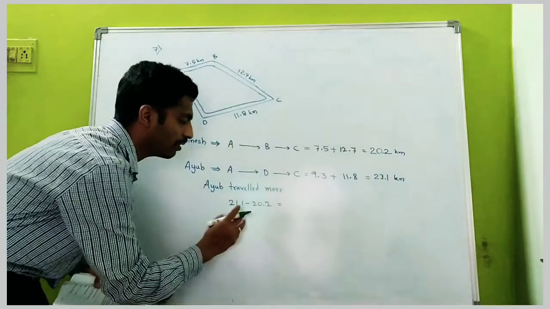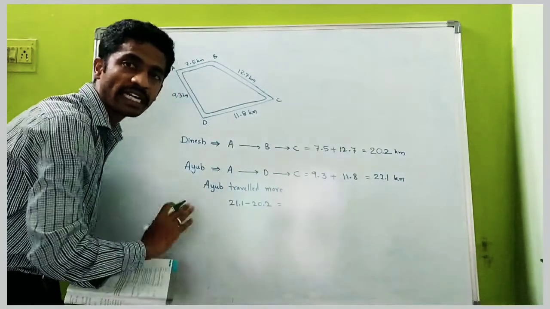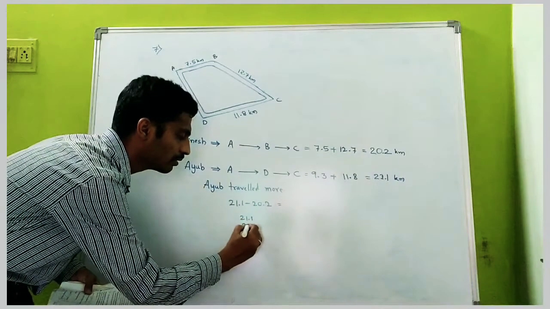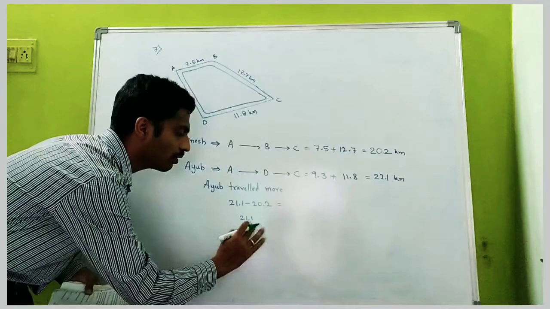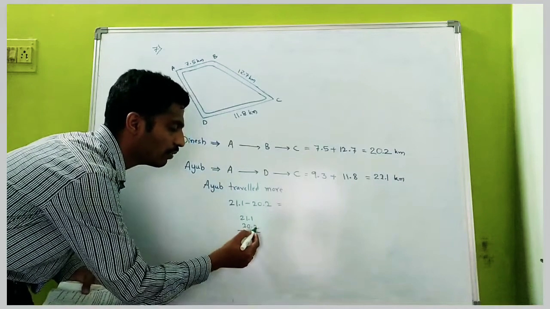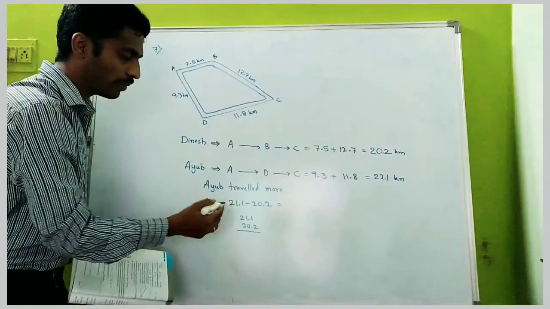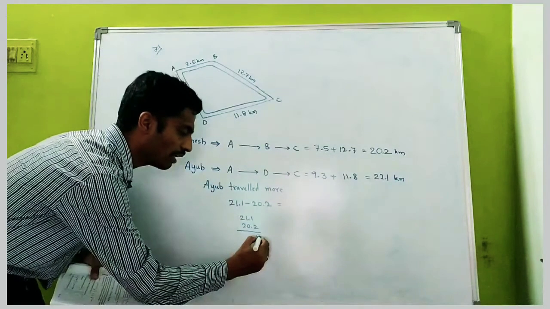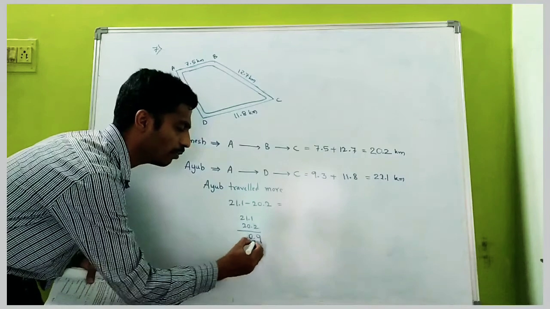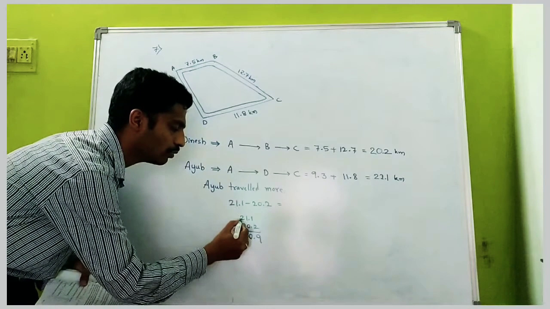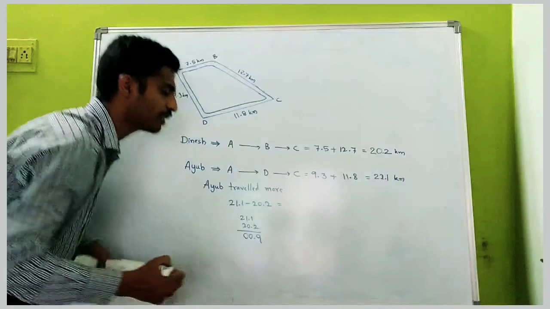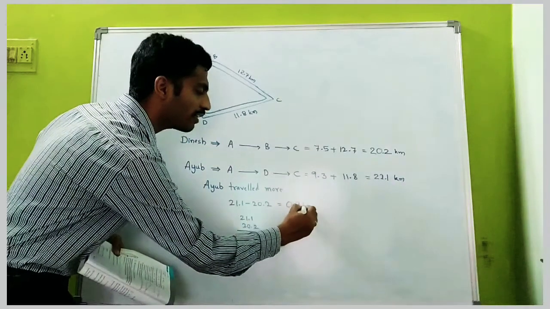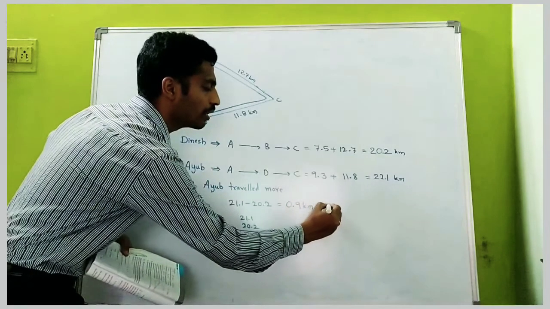If it is possible orally you can subtract it, or else write it 1 upon 1. From 1 we can't subtract the 2. What you have to do? Take the carry. 11 minus 2, 9, and it becomes 0 point. So 2 minus 2, 0. So how much extra he traveled? He traveled 0.9 kilometer more.